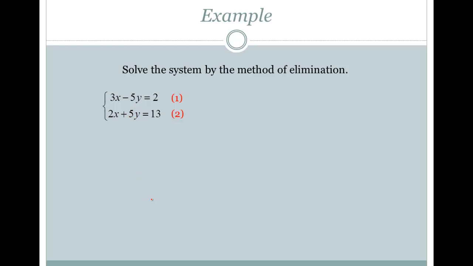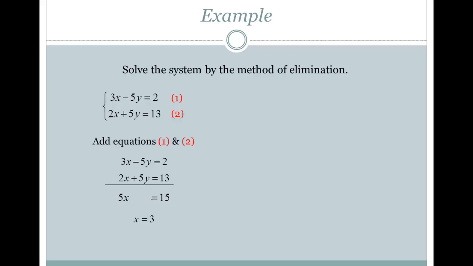So in this example, I can simply add equations 1 and 2. If I add 1 and 2, I get 5x is equal to 15, because the minus 5y and the plus 5y cancel each other out. At this point, I would divide by 5 and get x is equal to 3.